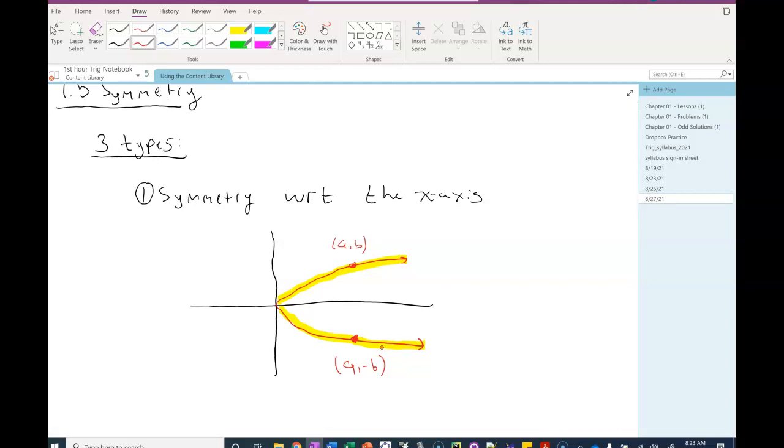Or more generally, the y-coordinate of x should also be the same as the negative of the y-coordinate of x. So again, what we're saying is that if I take f of a, I should get b, and I should get negative b, which is what we're seeing in our picture, right? If I do f of a, I get the y-coordinate b, and I also get the y-coordinate negative b.